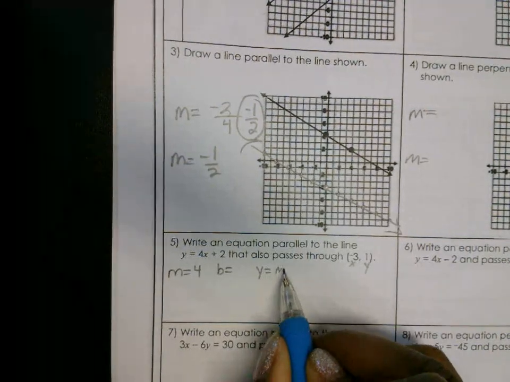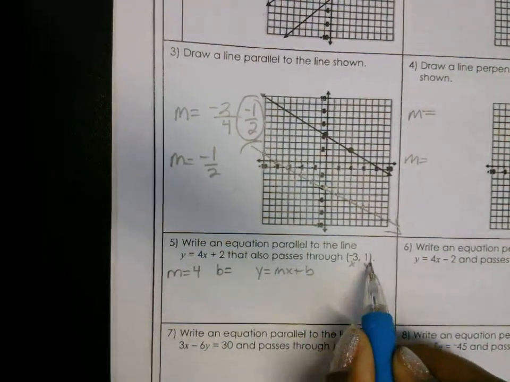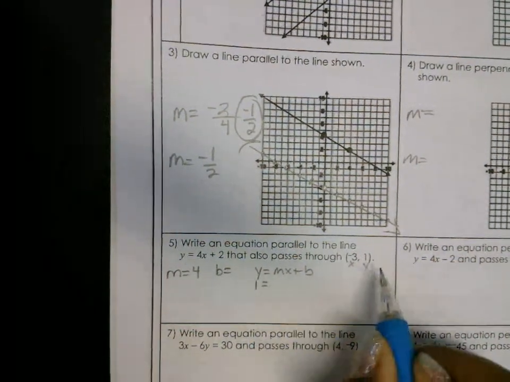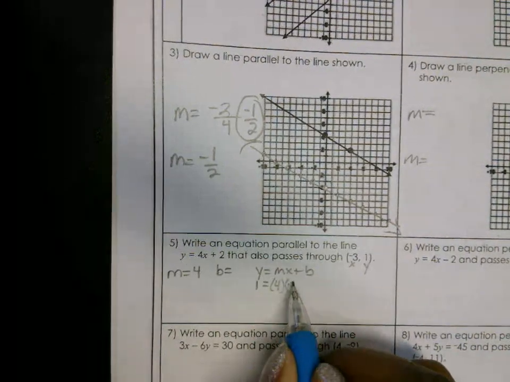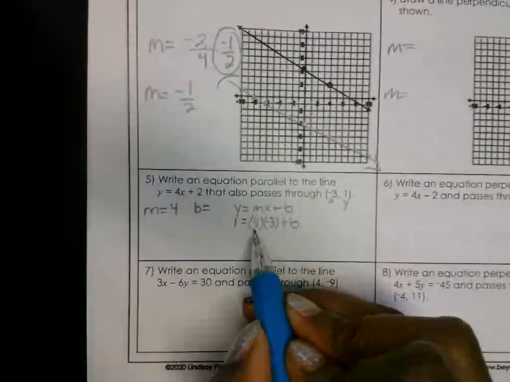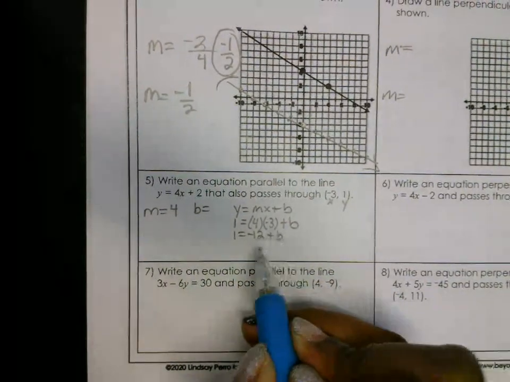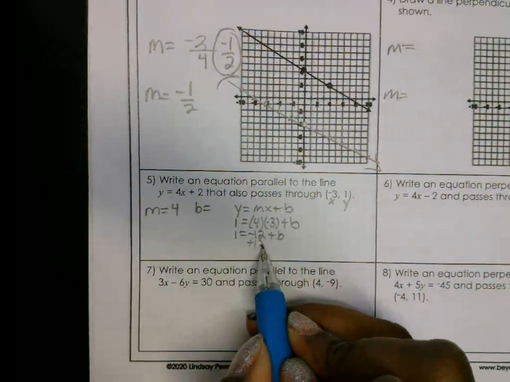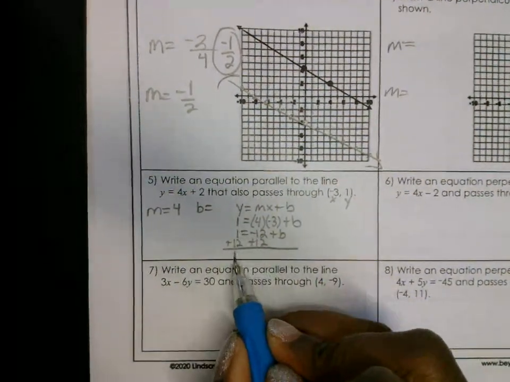y equals mx plus b. And I substitute 1 in for y, m is 4, x is negative 3, plus b. So when I solve for b here, I multiply. This gives me a negative 12 plus b. To get b by itself, I'm going to add 12 to both sides. When I add 12 here, this gives me 13.